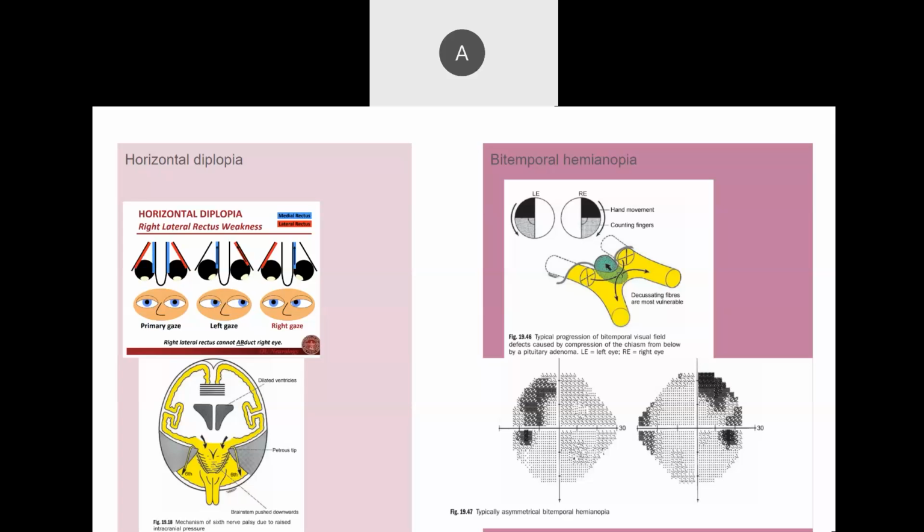At the petrous tip, yes, as he said just now. That's correct. So because it's a false localizing sign, the nerve gets compressed, then you get diplopia. Remember, this is important. Okay, continue.